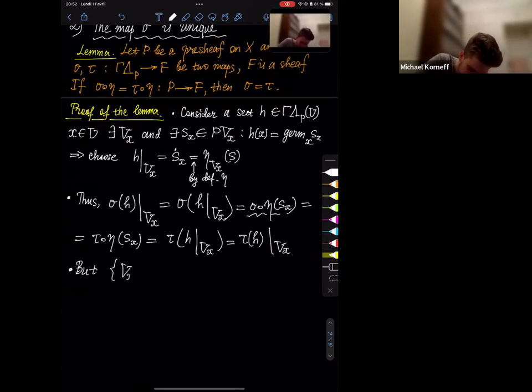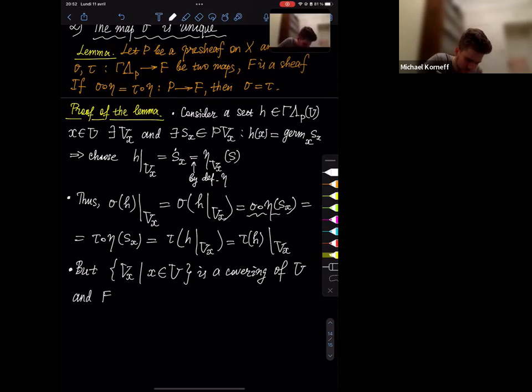And thus, the next step: the sets Vx where x belongs to U form a covering of U, and F is a sheaf, of course.